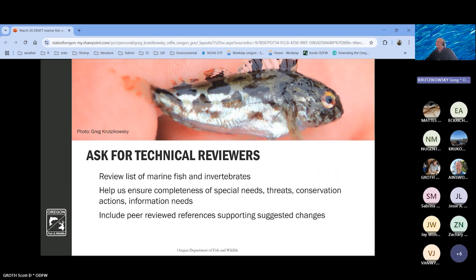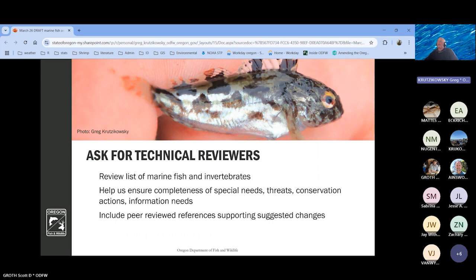Now, I will say one thing about the list that is there. Because this meeting is specific to the marine environment, I've lumped a lot of the anadromous fishes, and so the ecoregions for some of those salmonid runs in particular, all of the ecoregions are probably listed, and some of those salmonid runs only go to specific ecoregions. Unfortunately, our inland fish person, Michelle Weaver, wasn't able to join us today because she's sitting on a jury.